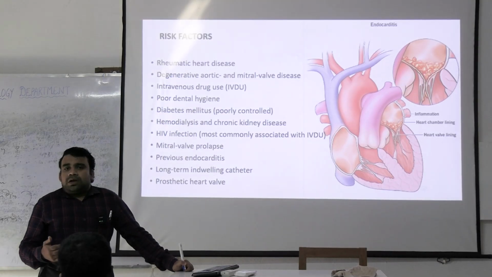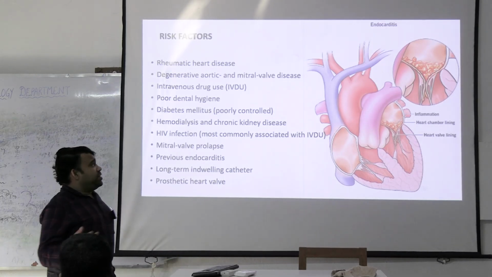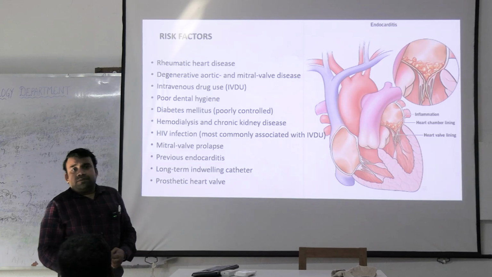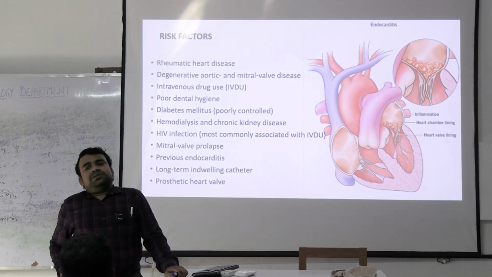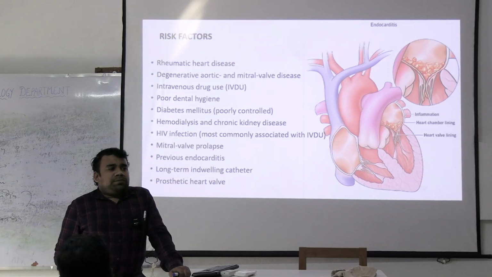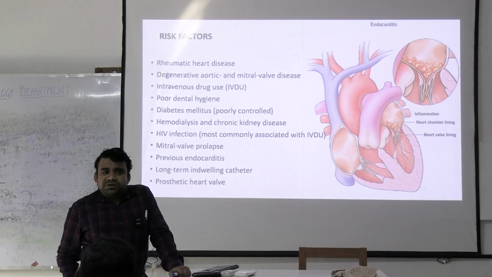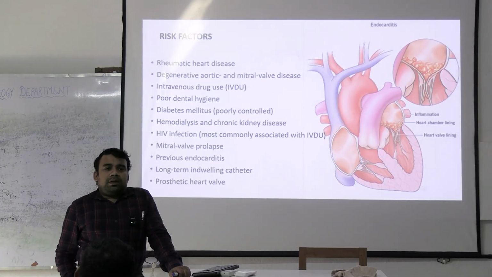Obviously, they do not consider sterilization very important. Then, poor dental hygiene. Same concept. For a normal person, when brushing the teeth, we will observe transient bacteremia. If a person is not maintaining oral hygiene, what will happen?